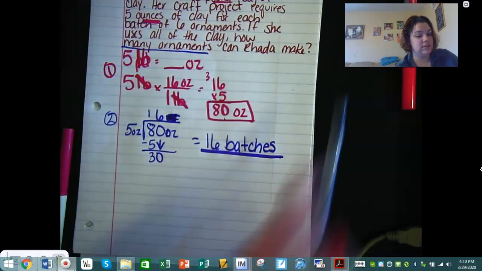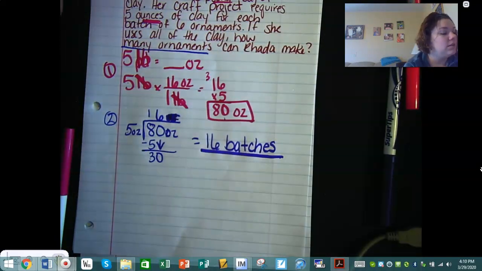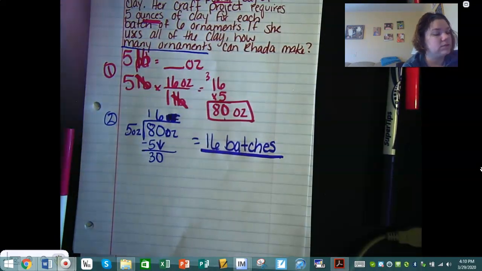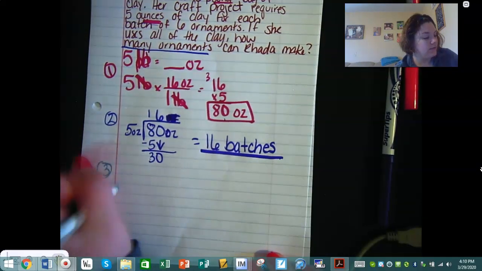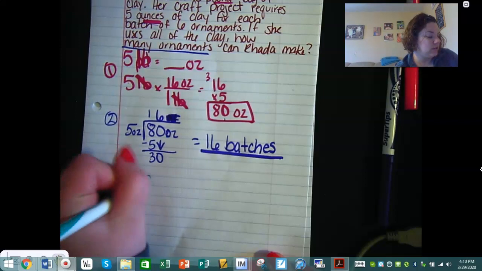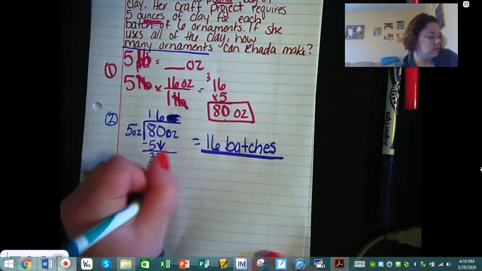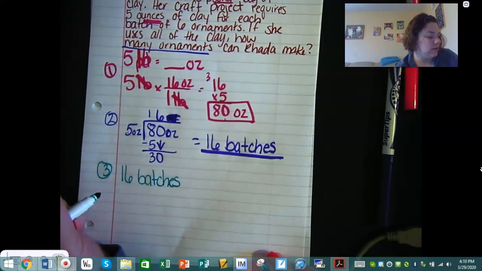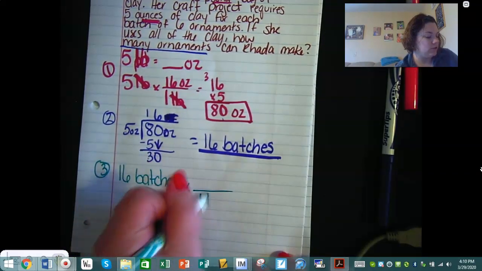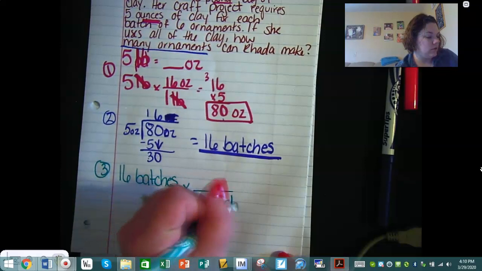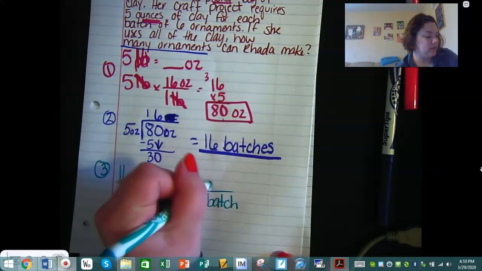Okay, so we know that there's 16 batches, but they want to know how many ornaments. Okay, so our step number 3, if we have 16 batches, okay, and we're going to multiply. We have 1 batch, and there are 6 ornaments in 1 batch.